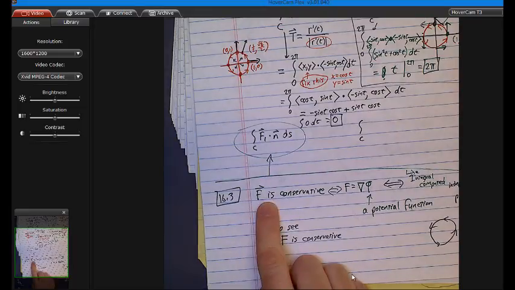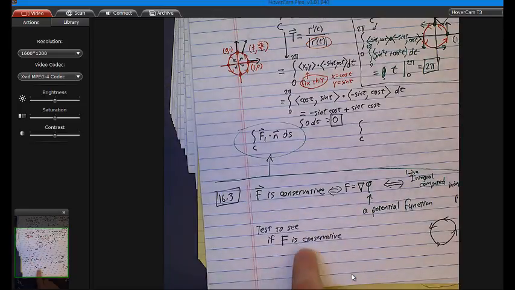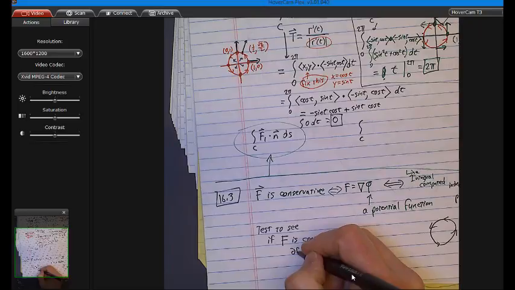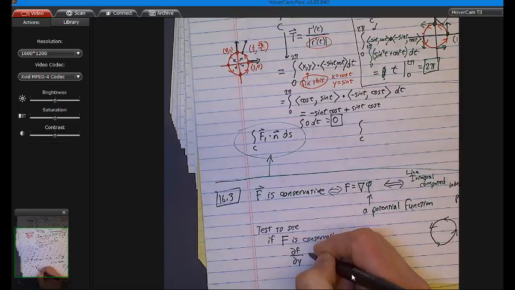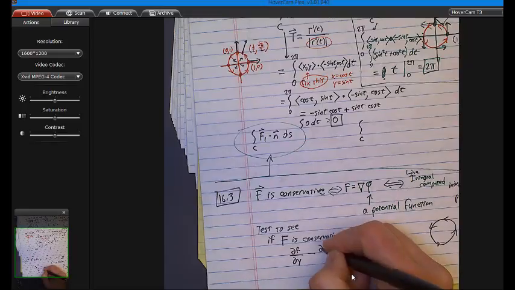All right, so F is conservative, right? I told you guys there's a test to see if F is conservative, and you kind of stared at me like, huh? So what's the test? The test is you want to look at this: df dy minus dg dx.